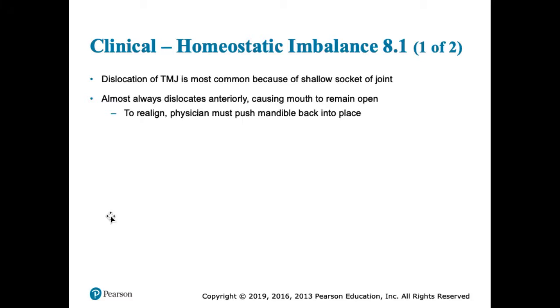One of the issues that can occur is dislocation of the TMJ, and that's most common because it's a shallow socket joint, and it almost always dislocates anteriorly, which causes the mouth to remain open. To realign, the physician has to push the mandible back into place.